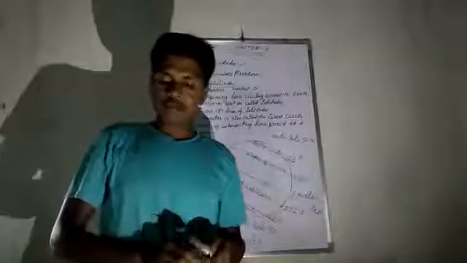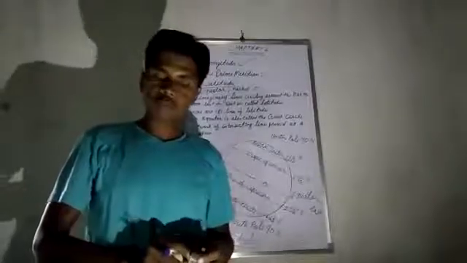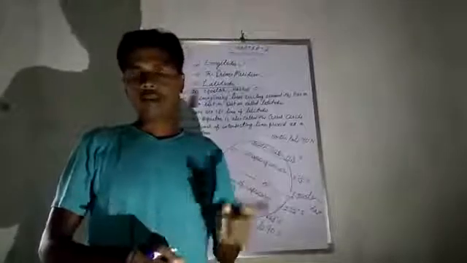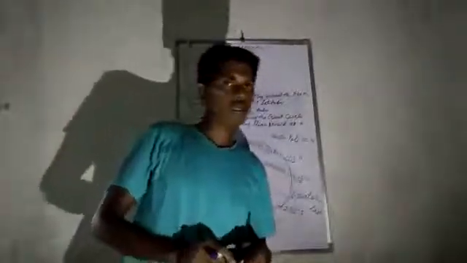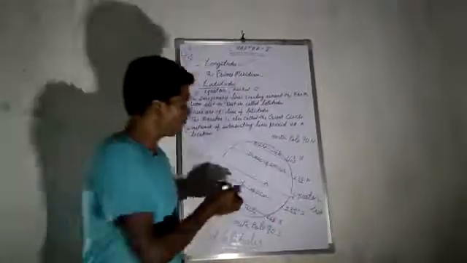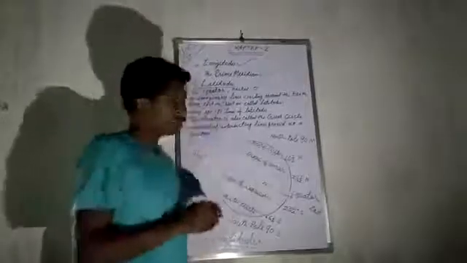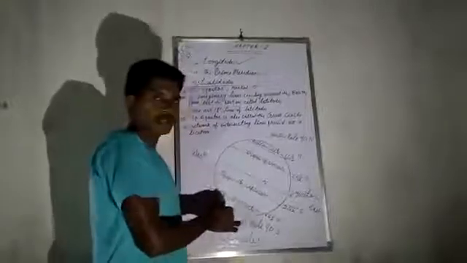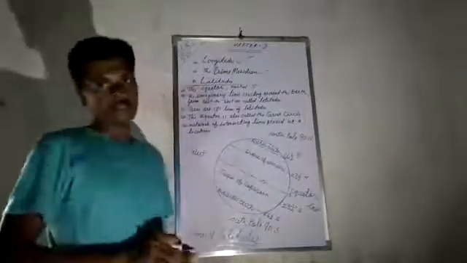There would be 90 lines above the equator, towards the North Pole, and 90 lines below the equator.